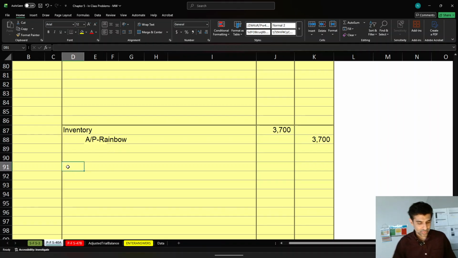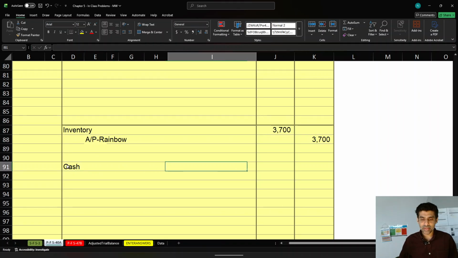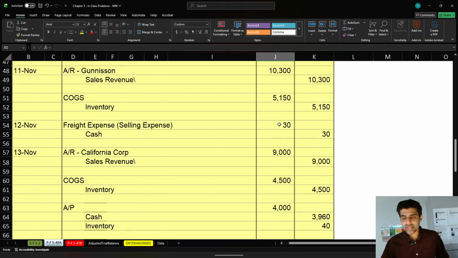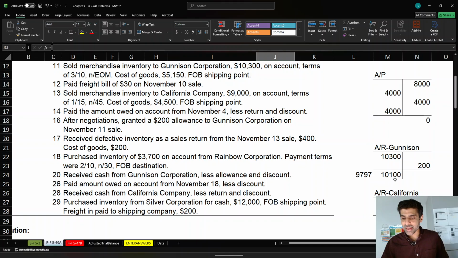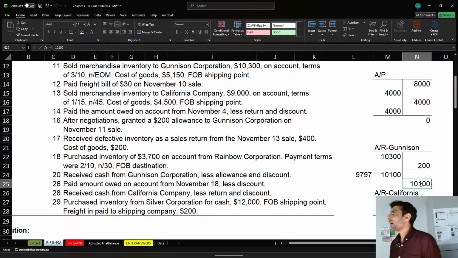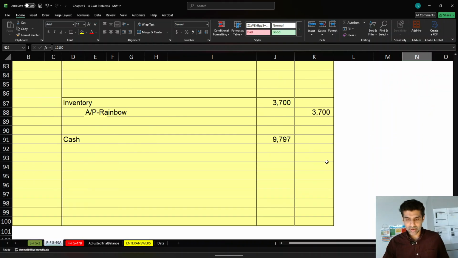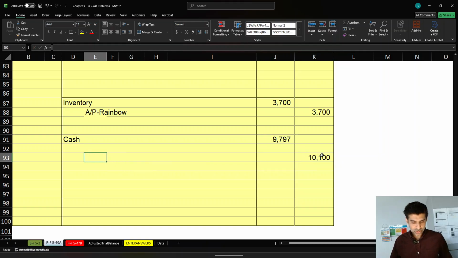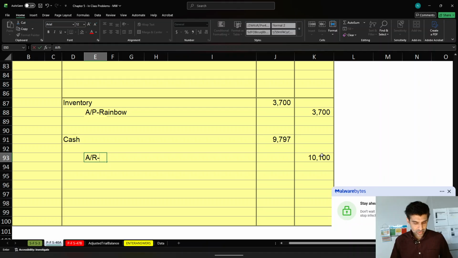I at least have figured out this very common sense thing. 9797 debit to cash. The other easy thing I know that has to happen is that I need a credit of 10,100 to AR Gunnison, because they will no longer owe us any money after this. So I know that this account has to go to zero. So I'm going to put a credit here, 10,100 to accounts receivable Gunnison.